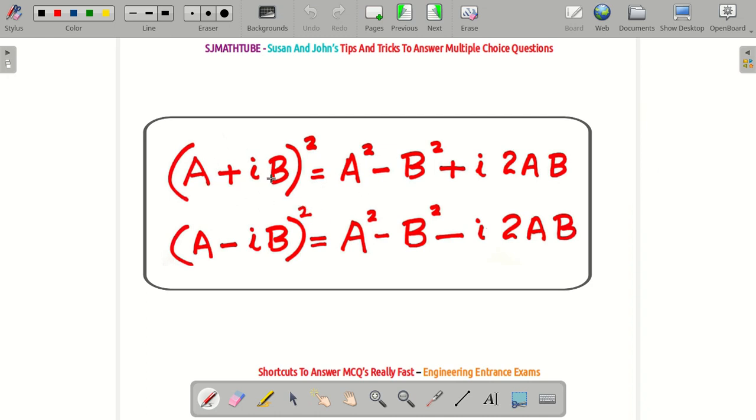What is (a plus ib) the whole square? a square plus 2iab plus i square b square, but once simplified it looks like this. So remember, (a plus ib) the whole square ends up with plus i into 2ab, and (a minus ib) the whole square will end up with minus i into 2ab. That's really important. So let's go back to our question.